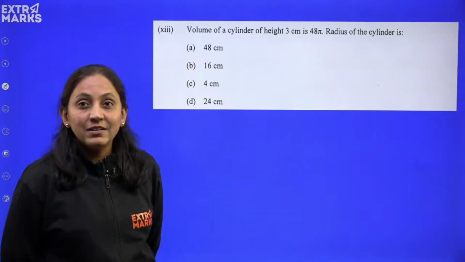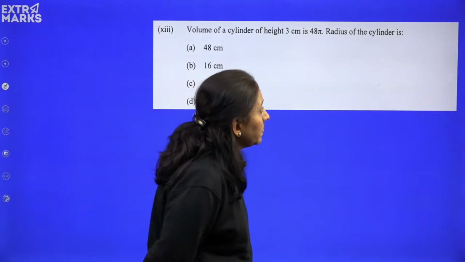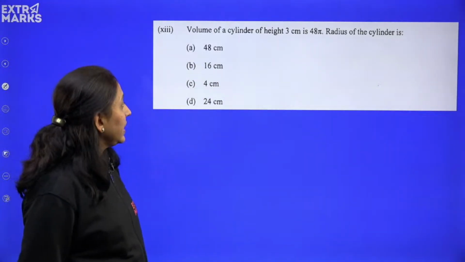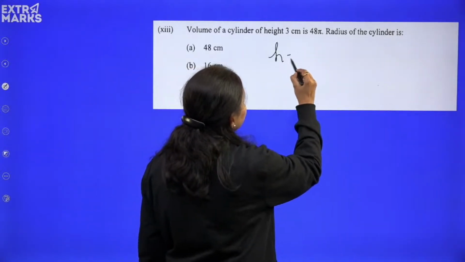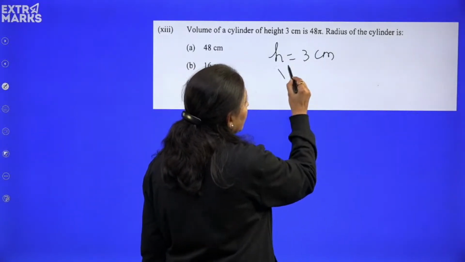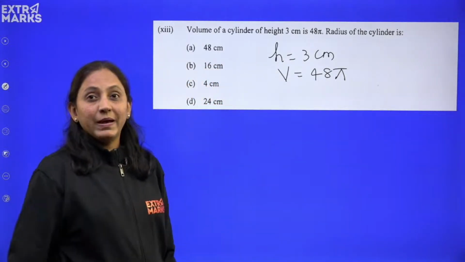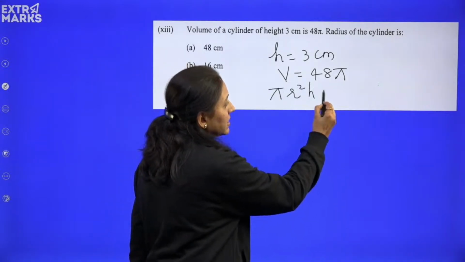The volume of a cylinder of height 3 centimeters is 48 pi. The radius of the cylinder is, is it 48, 16, 4 or 24? They've given the height of the cylinder to be 3 centimeters and the volume to be 48 pi. The volume of a cylinder is given by the formula pi r square h.